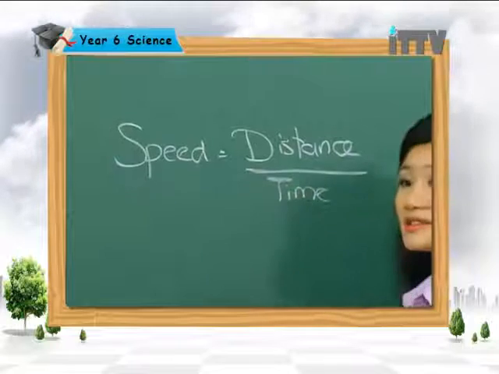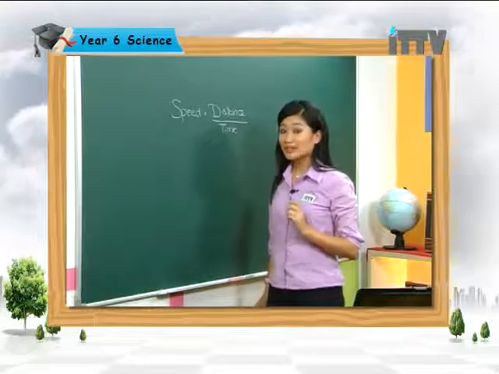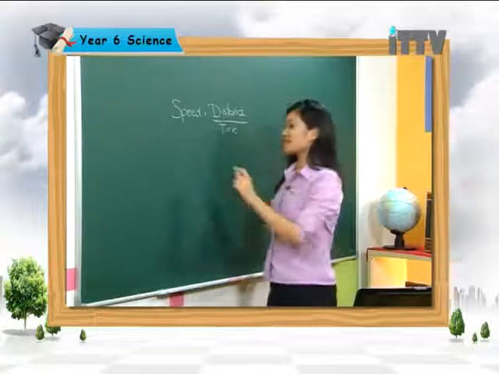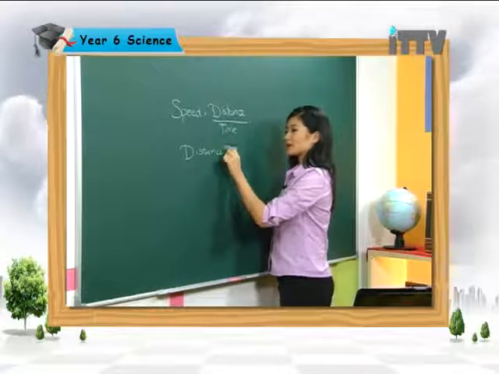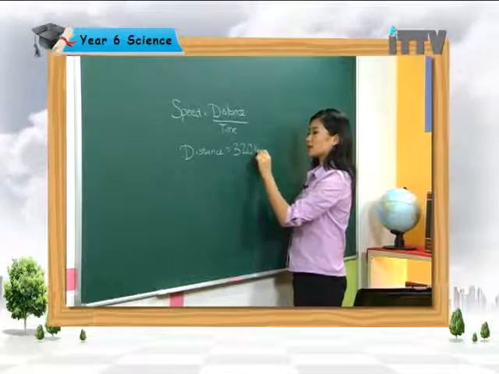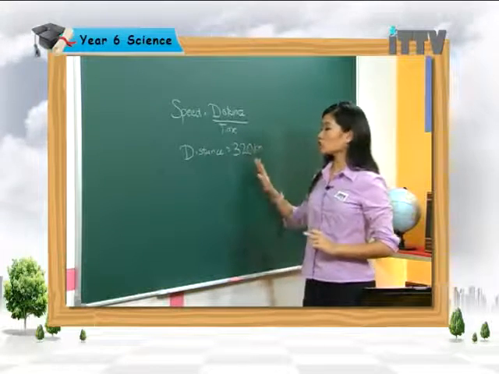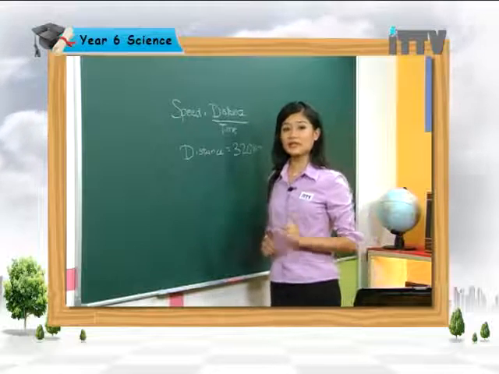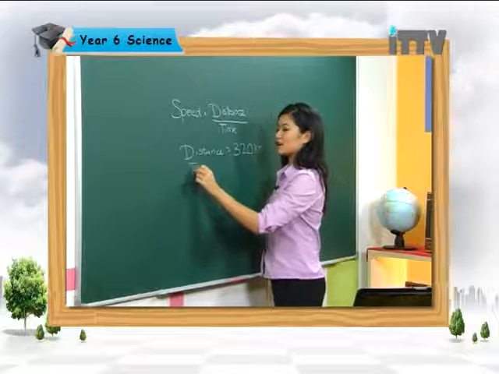The question asked, a car moves a distance of 320 kilometers. So we know the distance is 320 kilometers. The car moves a distance of 320 kilometers in 4 hours. 4 hours is the time.